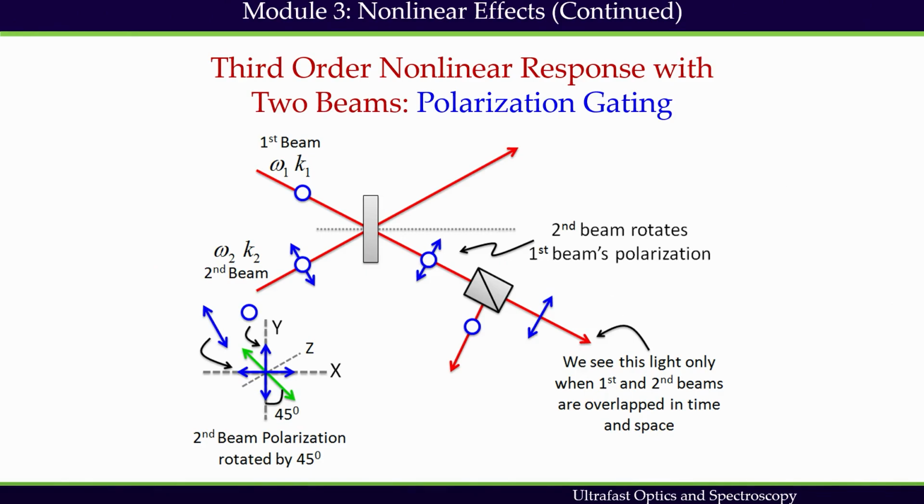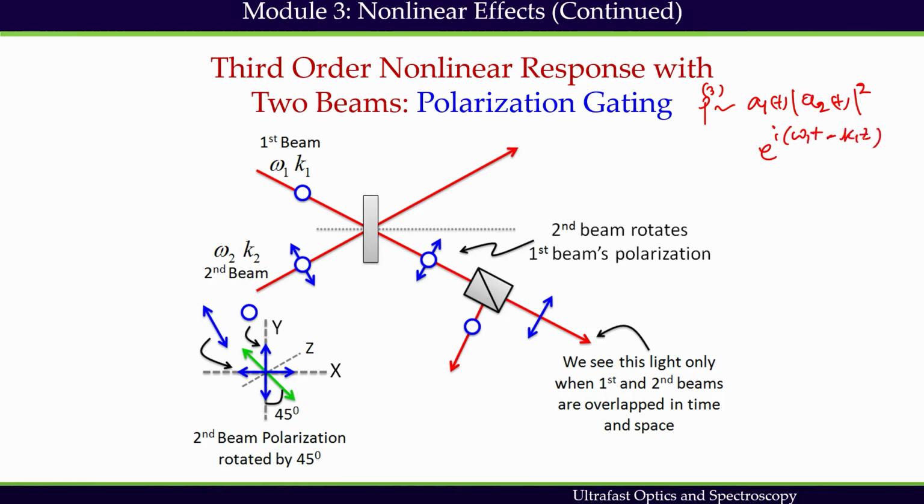The third order polarization term, which is responsible for two beam coupling, as we have seen, is associated with the ACD term. The third order polarization responsible for this polarization gating is A1T, then A2T, that is the intensity, multiplied by e to the power I omega 1t minus k1z.